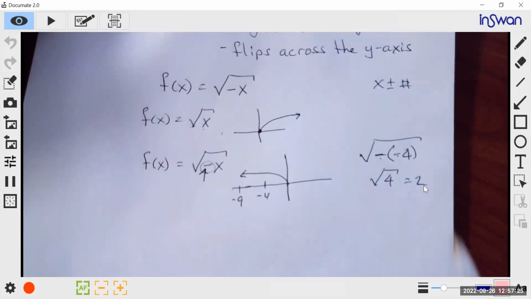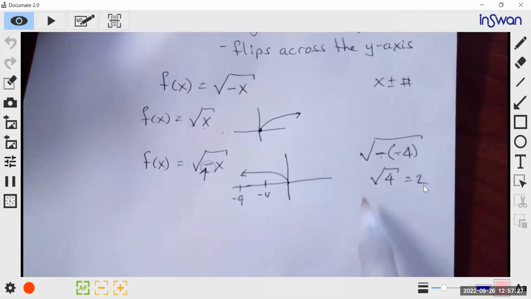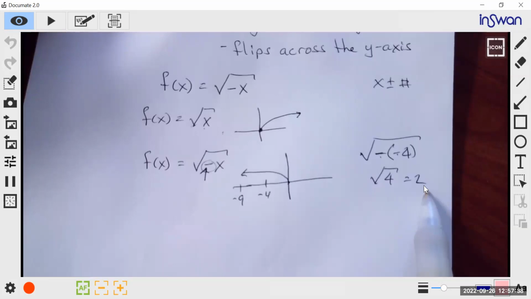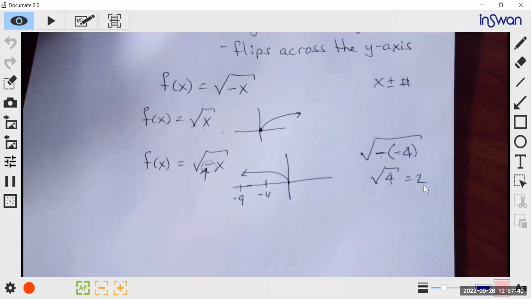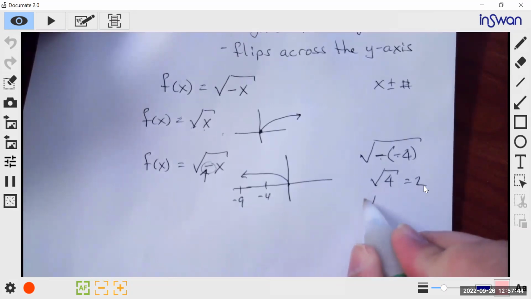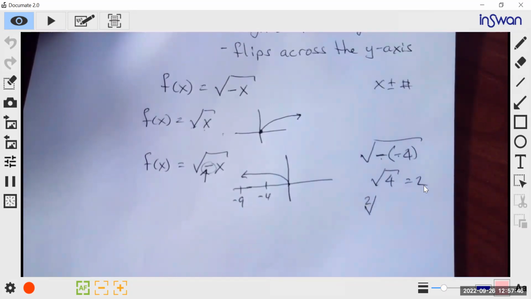Example of the -4, how do you get 2? What's the square root of 4? Yes. Why is it 2? Here's a question. Why is it 2? Because what this invisible here, a square means, it's 2.